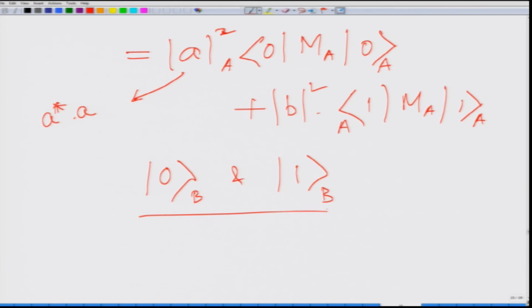Since these are orthogonal, the product of them with respect to each other will vanish, right? So you will be left only with those where they match. Anything to do with this appearing is going to be 0. Any combination of these two is going to be 0. So this is your orthogonality.